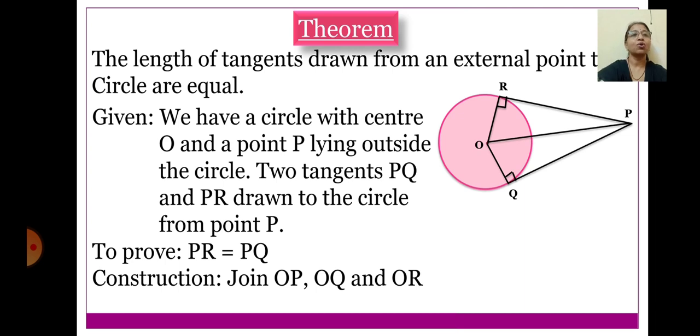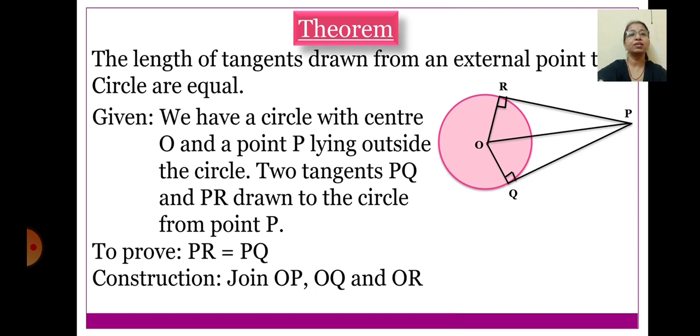So we have drawn one circle with center O. Point P is outside the circle. From this point P, we have drawn two tangents here, right? And we have to show that these two tangents, PQ and PR, are equal in length. So let us begin with the proof.